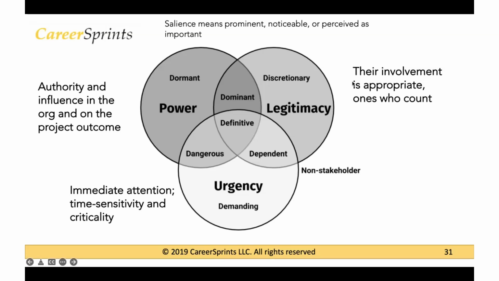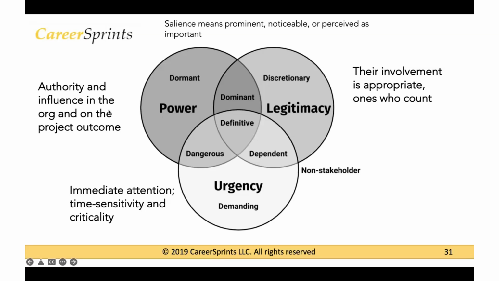Legitimacy means their involvement is appropriate. So the involvement of the stakeholder is appropriate. And urgency means that the stakeholder needs to be attended to urgently or immediately. So time criticality, time sensitivity, is the third variable when it comes to classification of stakeholders.